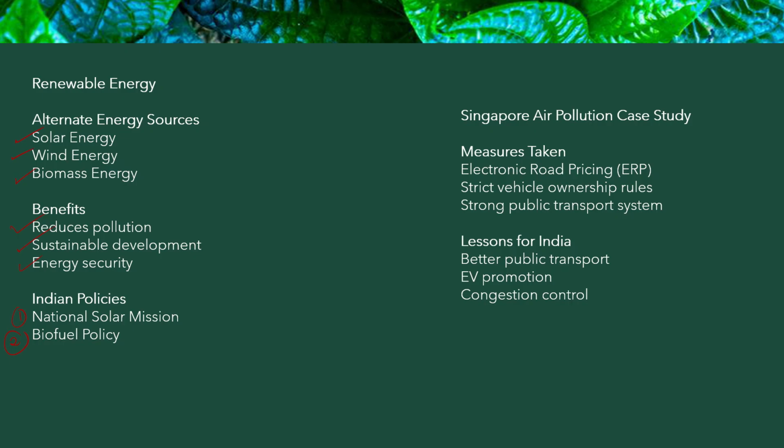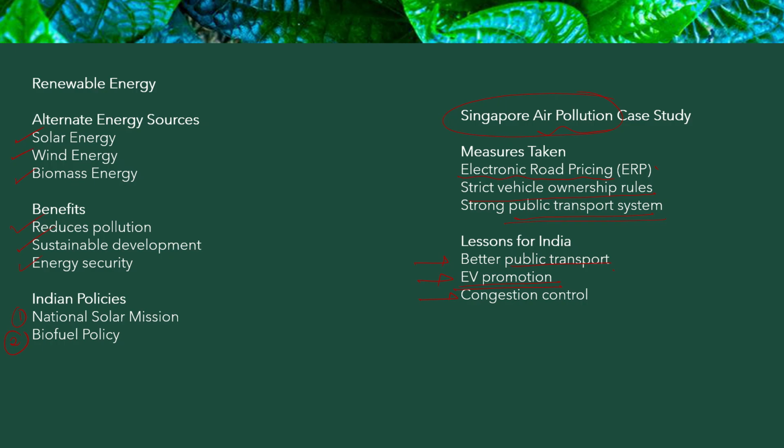In Singapore, air pollution was a major issue, so it was controlled using electronic road pricing, ERP, strict vehicle ownership rules, and a strong public transport system. So basically, we need to ensure that we have better public transport and promote EVs.